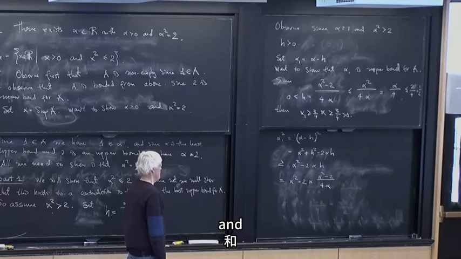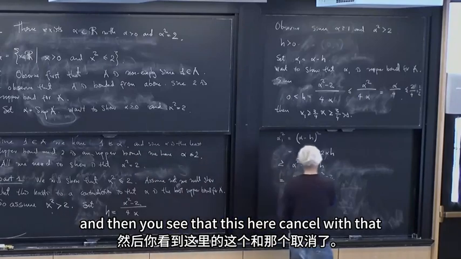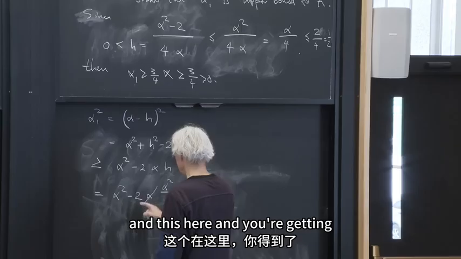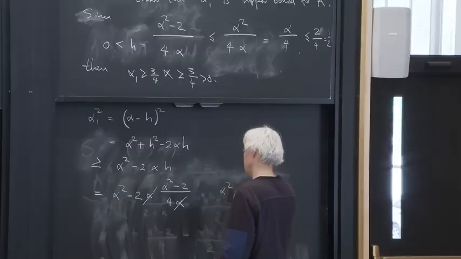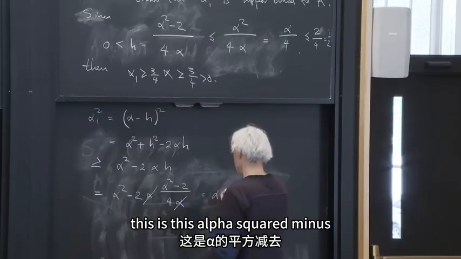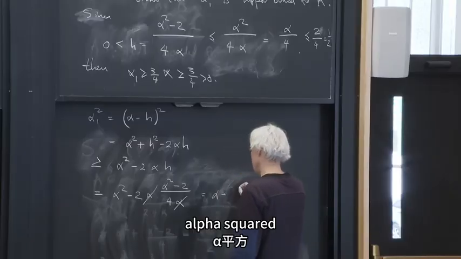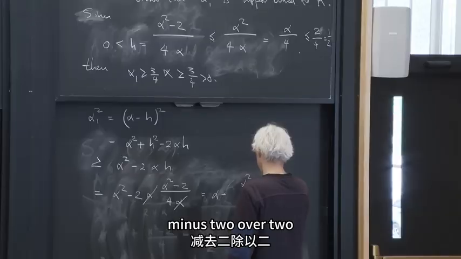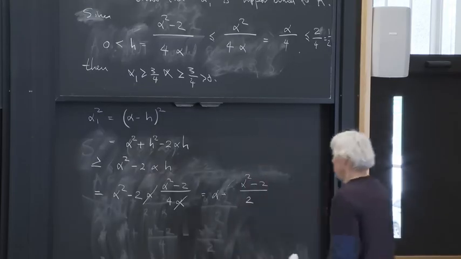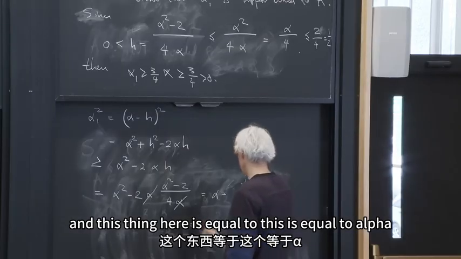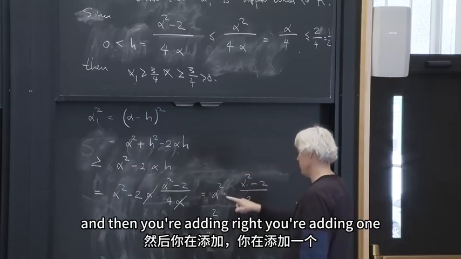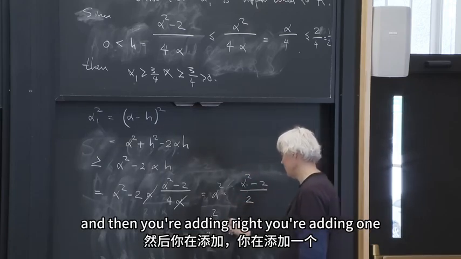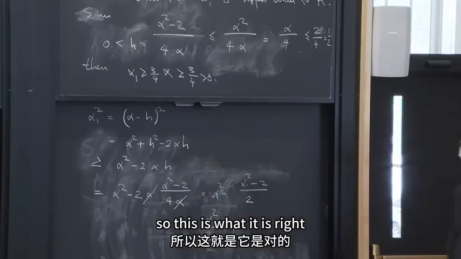And then you see that this here cancels with that, and you're getting alpha squared minus alpha squared minus 2 over 2. And this is equal to alpha squared over 2. This is subtracting that. And then you're adding 1.